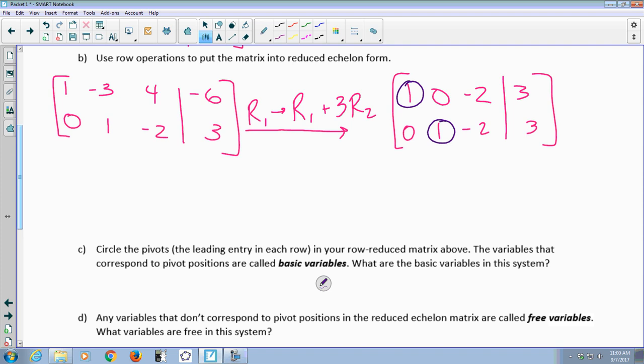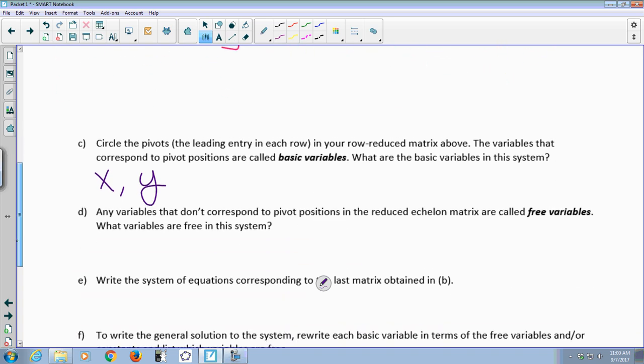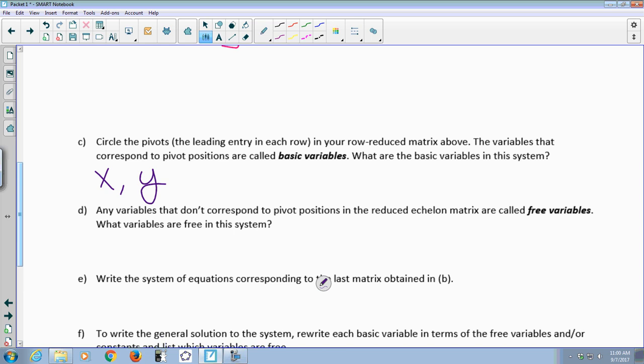The next column was the y coefficients, then the z coefficients, then the constants. So this would be an x and a y. So x and y are basic variables, because the pivots are in the x and the y column. And any variables that don't have a pivot position are called free variables. So the z column has no pivot position in it, so we call that a free variable.